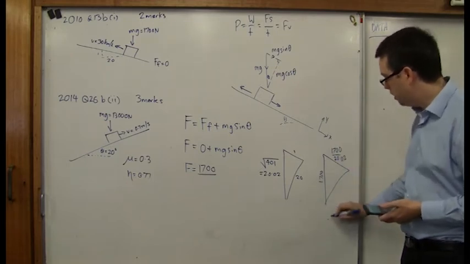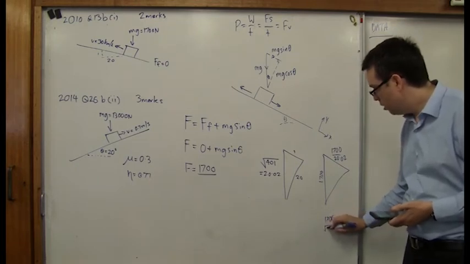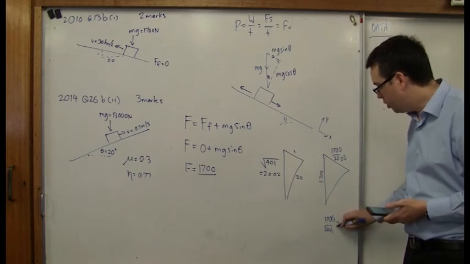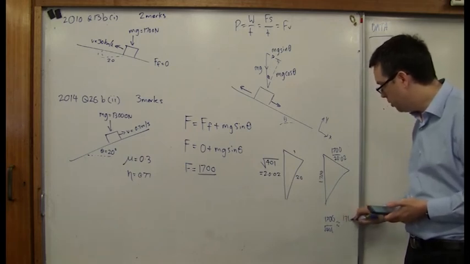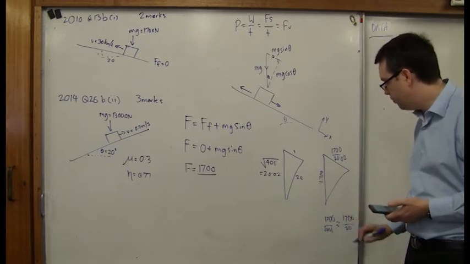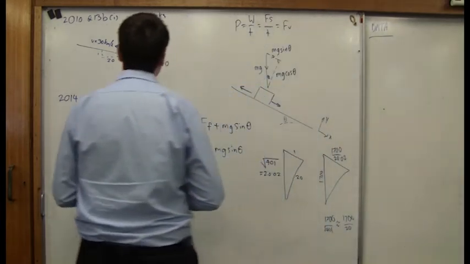Or another way of writing that is 1700 divided by the square root of 401. But you're actually allowed to just use 1700 divided by 20. You're allowed to use that value. So you have some different choices there about how you approach that.